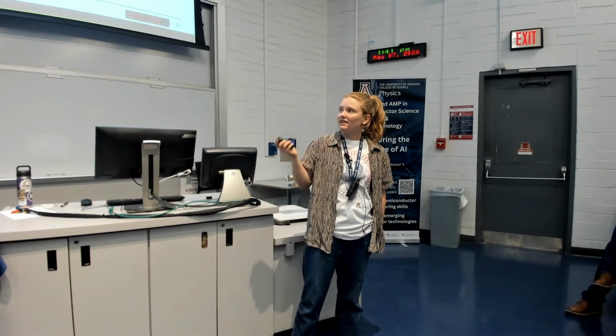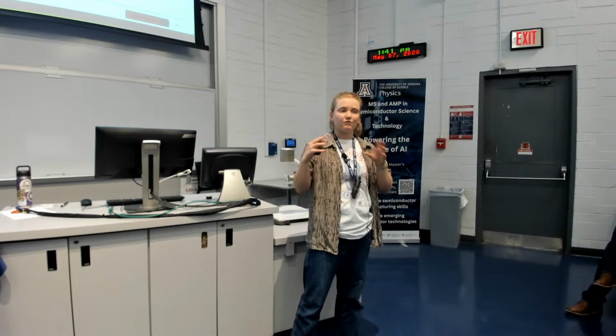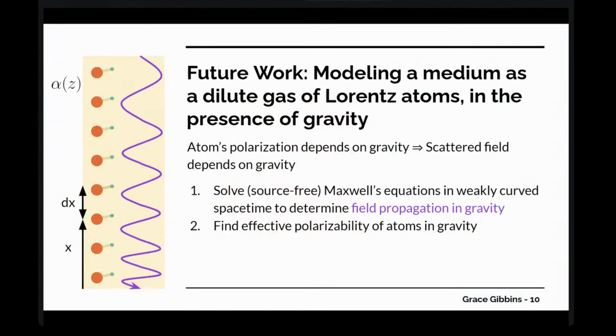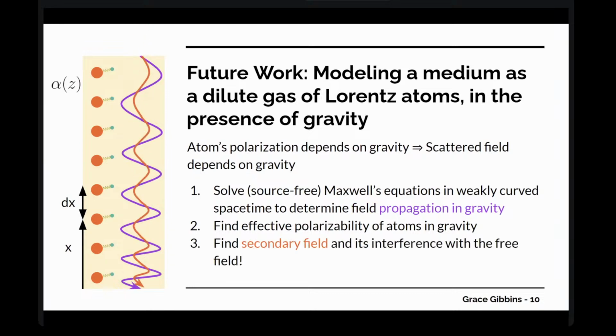Then find the effective polarizability of the atoms in gravity, similar to that first calculation, except with gravity. And then I put them together and find the secondary field and its interference with the field by itself, to find the interplay of the gravity and the atoms.